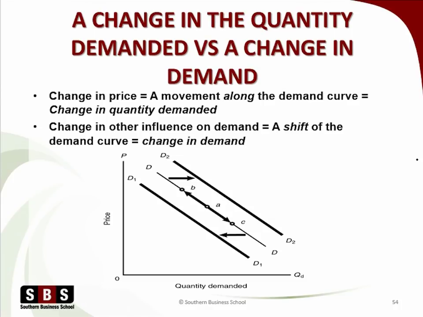And then you're going to have to say what's going to happen. If it's going to be a movement along, remember the price is the only factor that causes a movement along. And the price of related goods causes a shift. So that previous table is quite important to study and to understand.